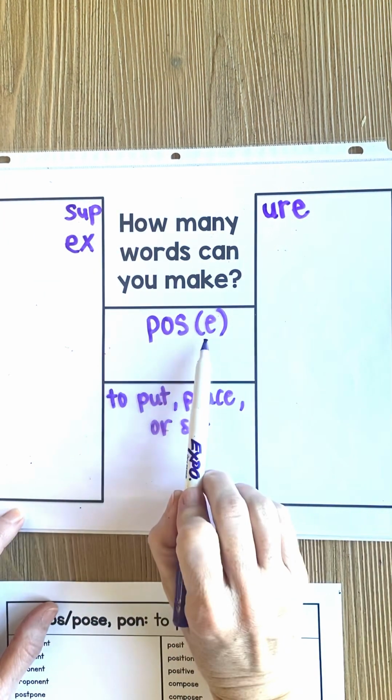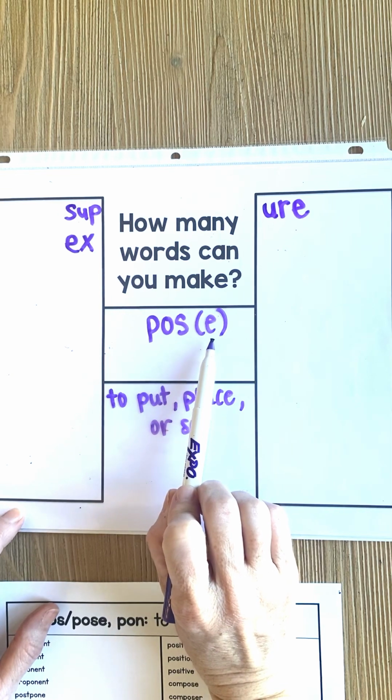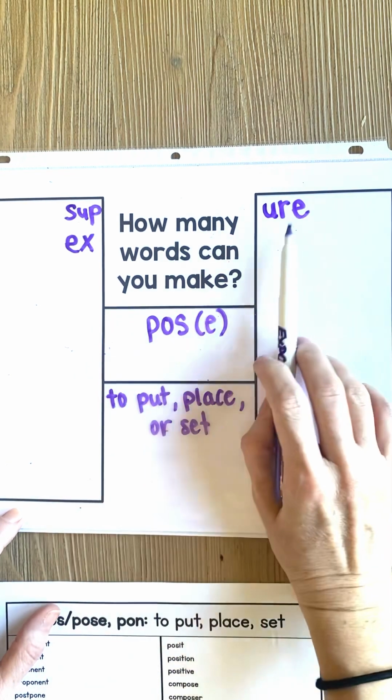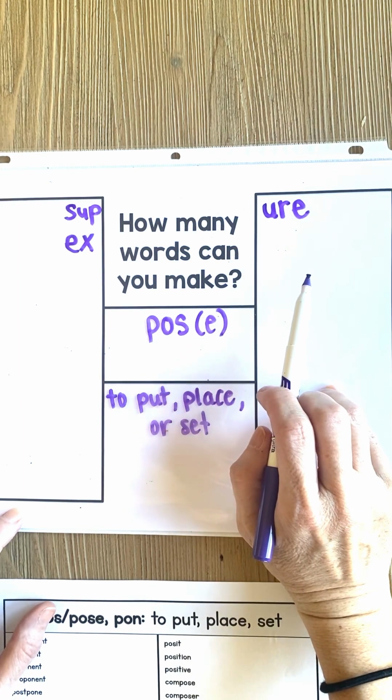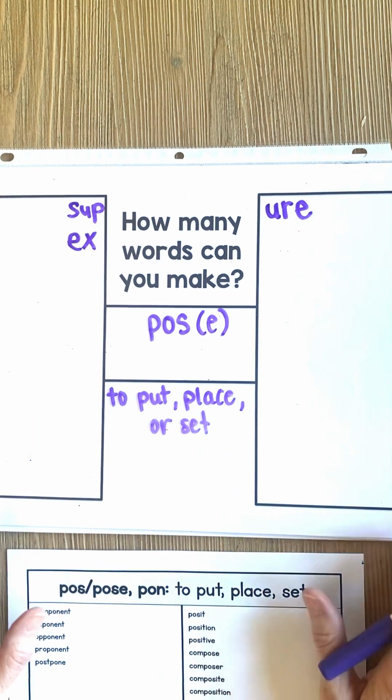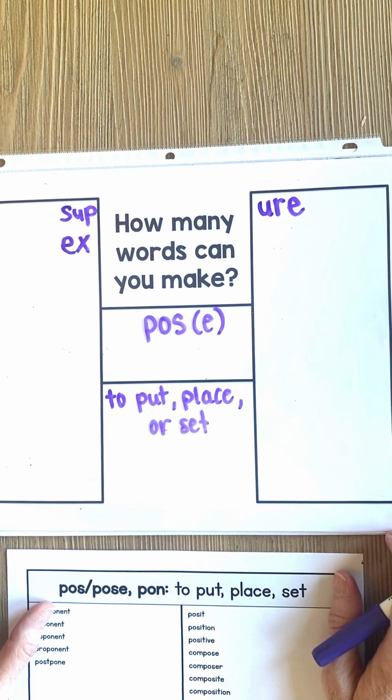Now with expose, this is an example of the E is there in expose, but then you drop that E when you add the URE. And that's just that regular suffix rule of dropping the E before a vowel suffix. So we have exposure. This next one's a little bit tricky. There's exposition.